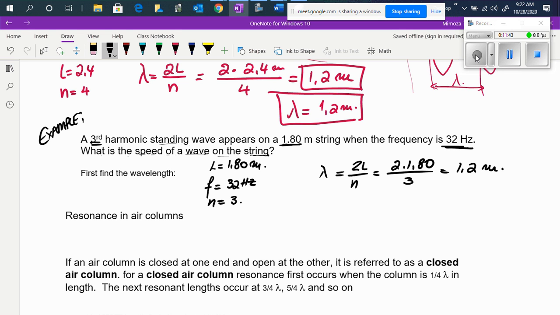Now that we have the wavelength and the frequency, we can find the speed as f times lambda. So this will be 32 times 1.2 meters, and this will end up being in meters per second. And the result here will be, what is it?